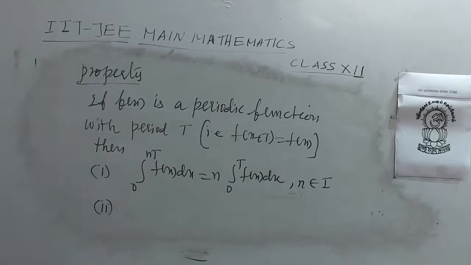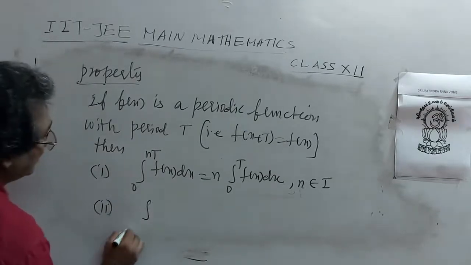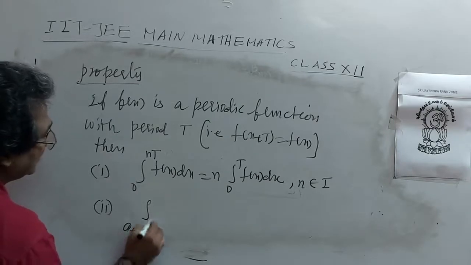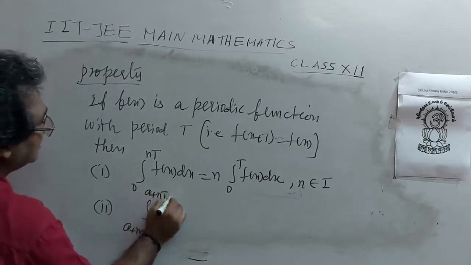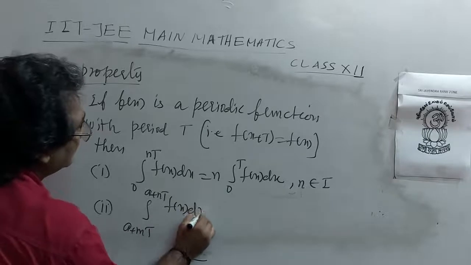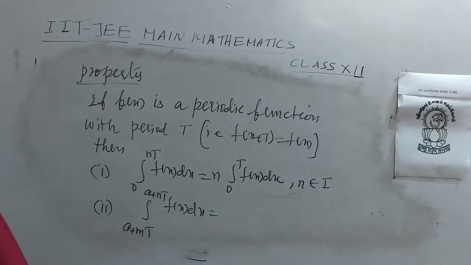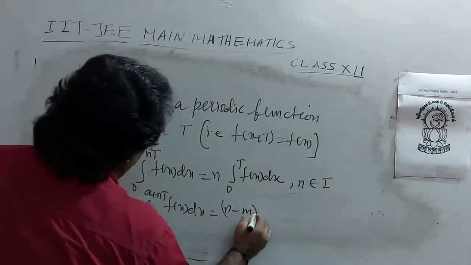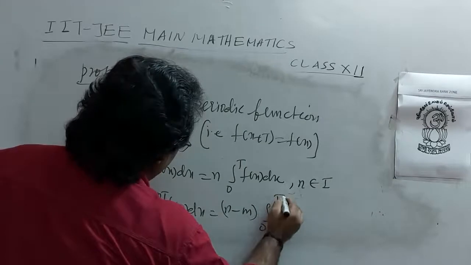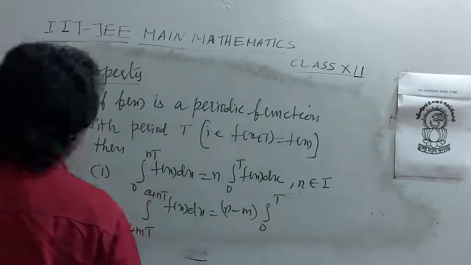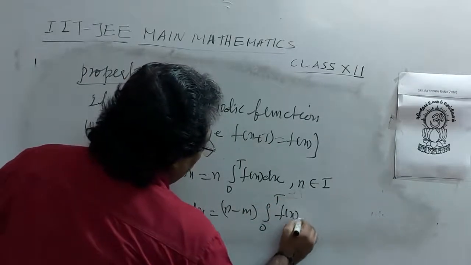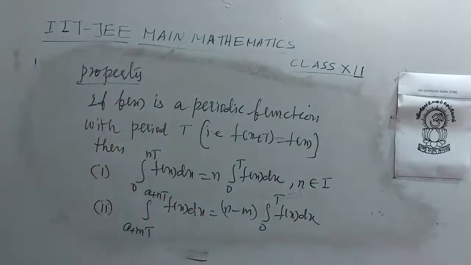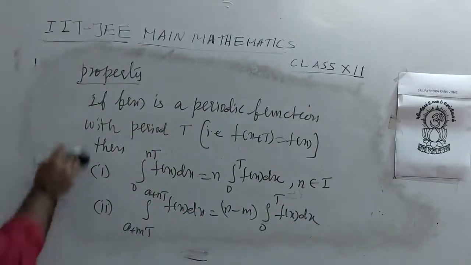Next property: integral a plus mt to a plus nt f of x dx equals n minus m into integral 0 to t f of x dx.